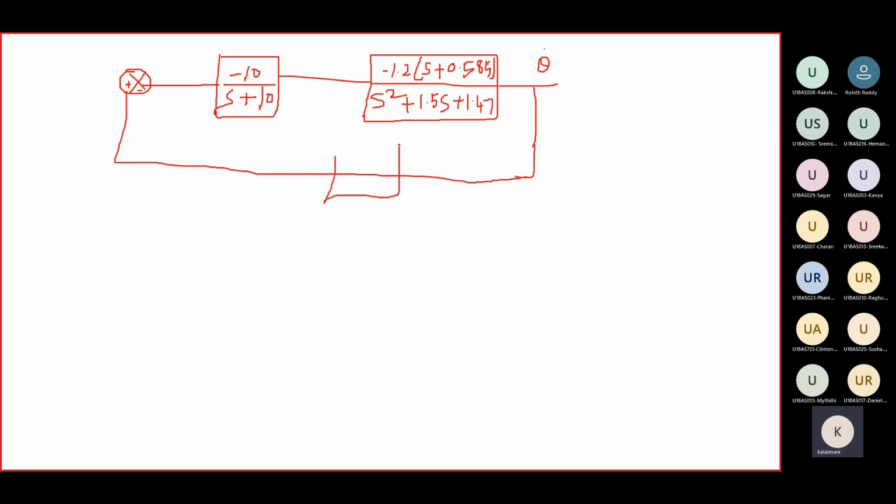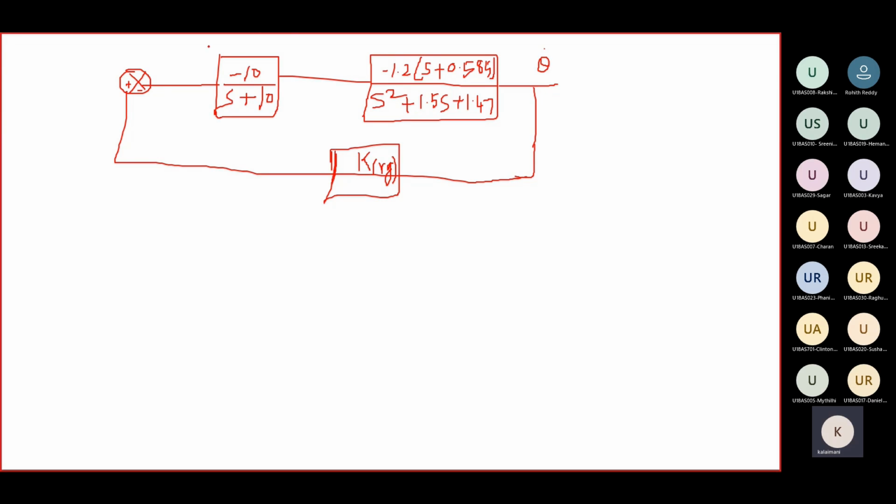This is the rate gyro sensor. Here we put the rate gyro sensor as feedback. We use the symbol K instead of S, because the transfer function already uses S, so we need to avoid this confusion. I make K the symbol for the rate gyro sensor.